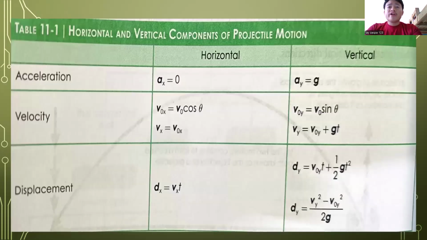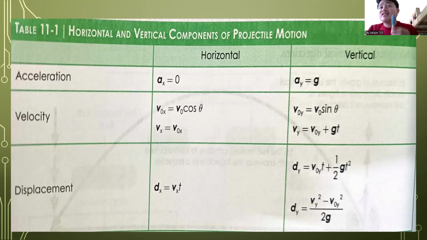So these are the components that you need to take note of for projectile motion. It is a very simple formula. So acceleration: always take note that when it is horizontal, it moves like this. The acceleration is zero. And when it is vertical, the word vertical means that it goes down, that it goes up.